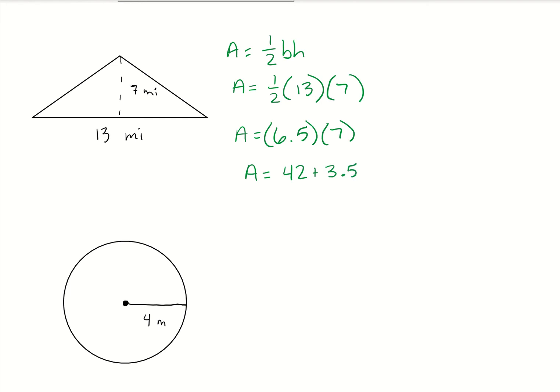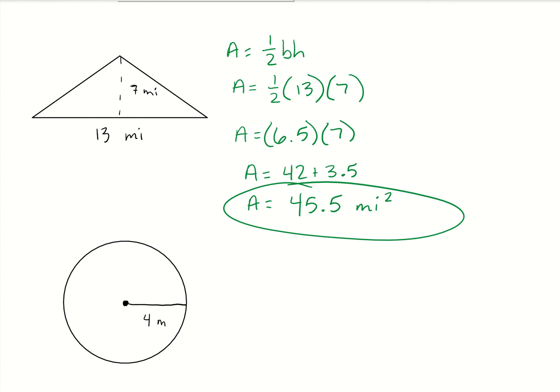How I got that is 7 times 6 is 42. 7 times 1/2 is just 3.5. So then we add those two together. We'll get our area is 45.5 miles squared. All right, and that's it for how to use the triangle area formula.